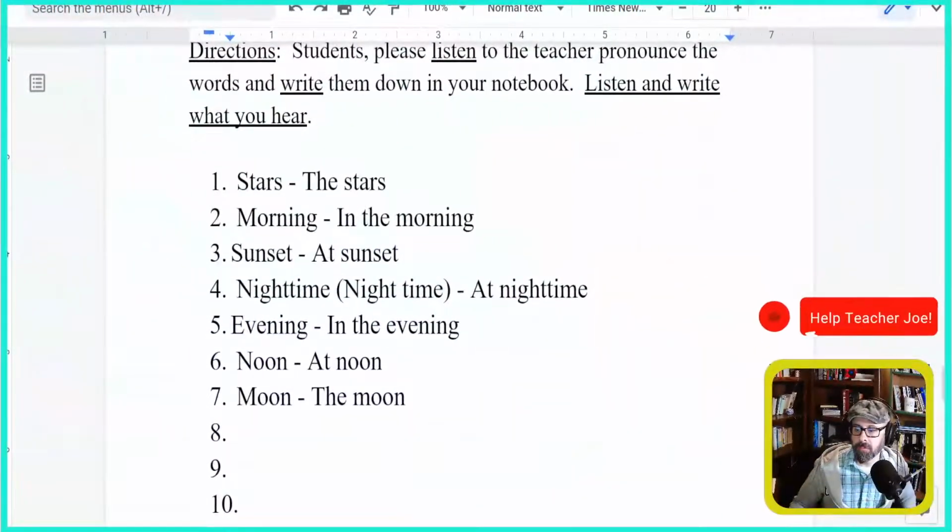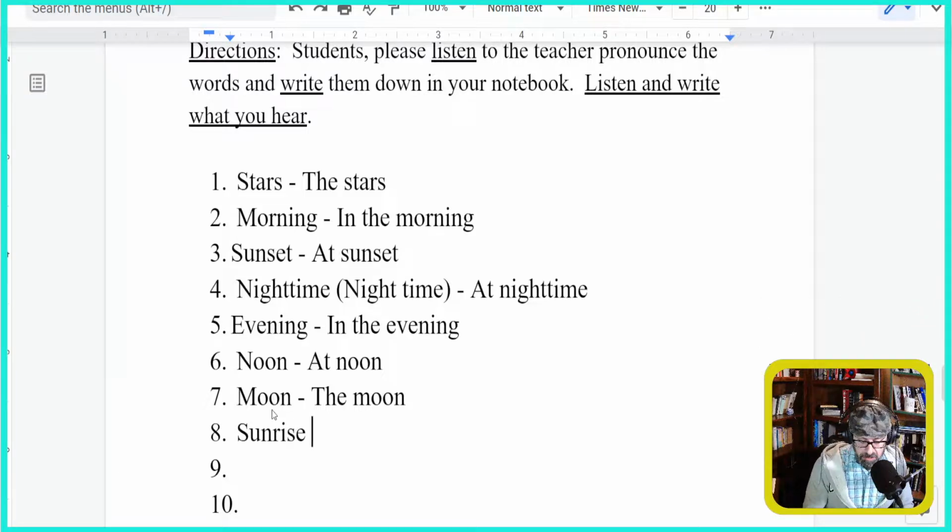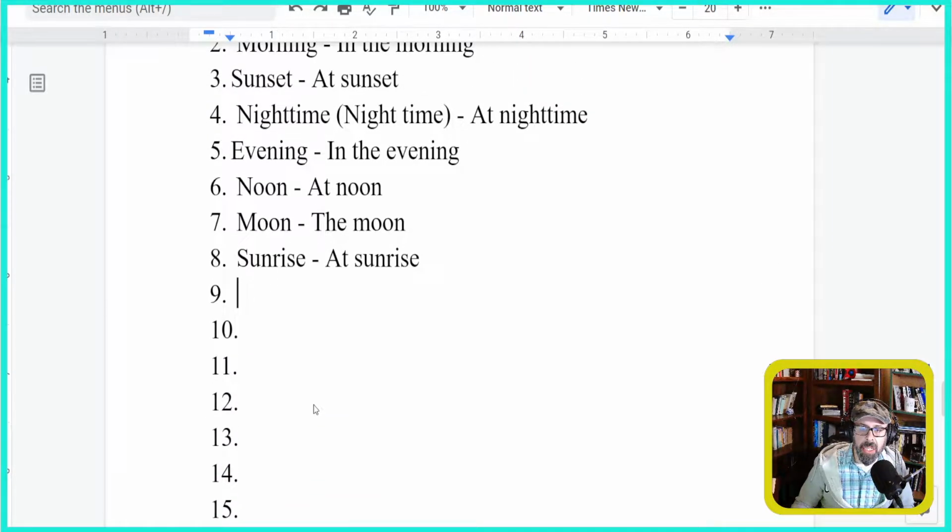Okay. Let's go back to the sheet and complete 8. What did we say? Sunrise. Okay, and there was some extra vocabulary. The word at sunrise. Okay, so you notice sunset in number 3, at sunset, sunrise, at sunrise. Okay, number 9.